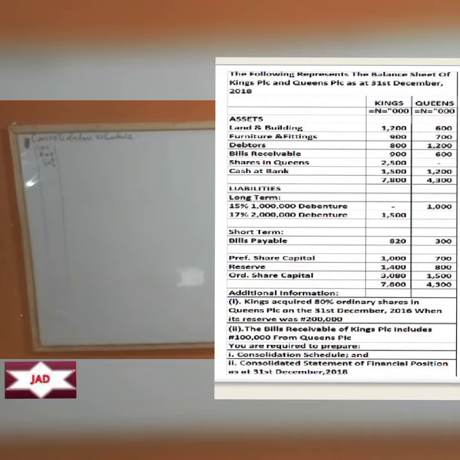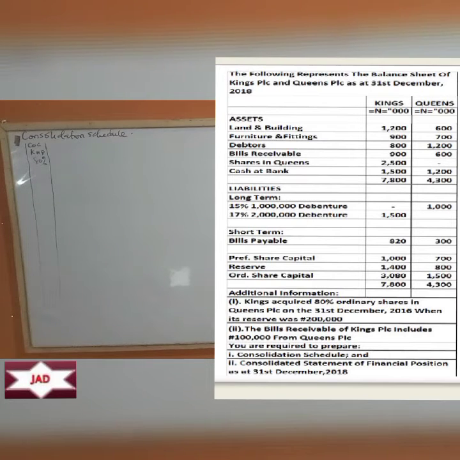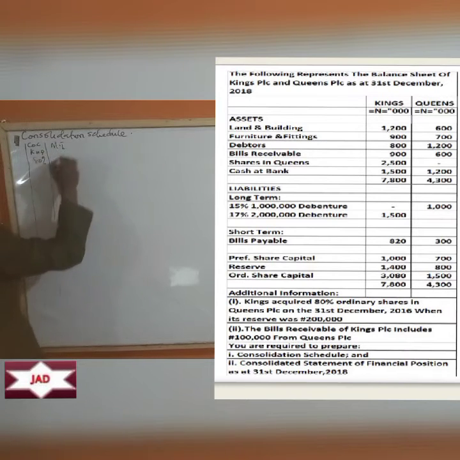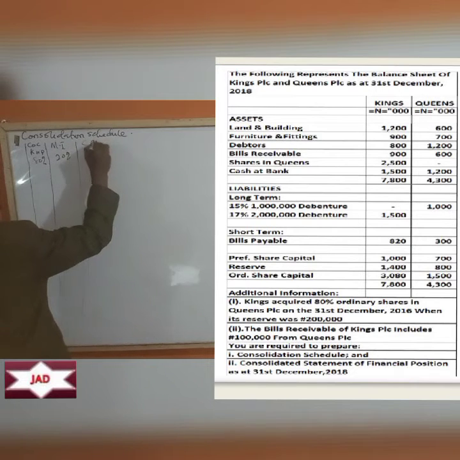There's no holding on the preference share. So that means we have minority interest. That will be 20%. Right? And then we're going to have the CP and L.